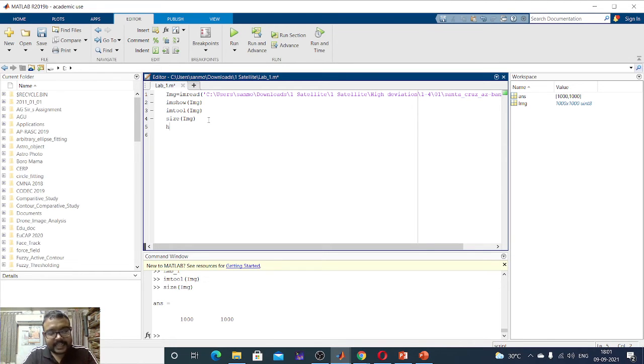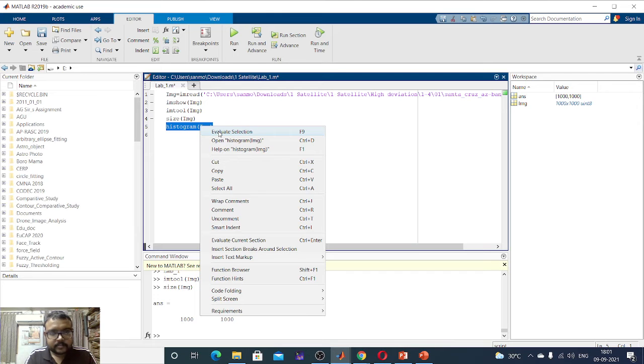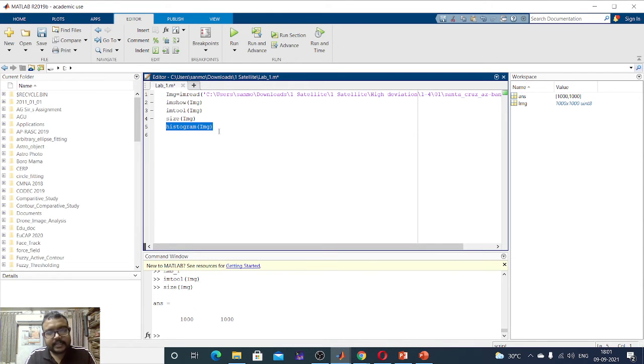Shall I write that? Yes, let's see what happens. Histogram, you are saying this, right? img. Yes, sir. Yes. And evaluate the selection.